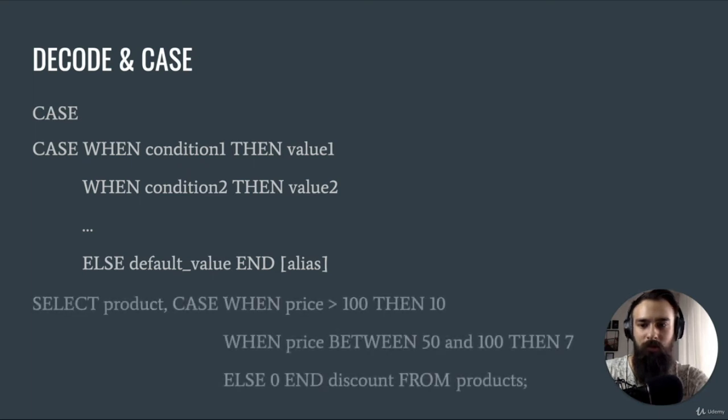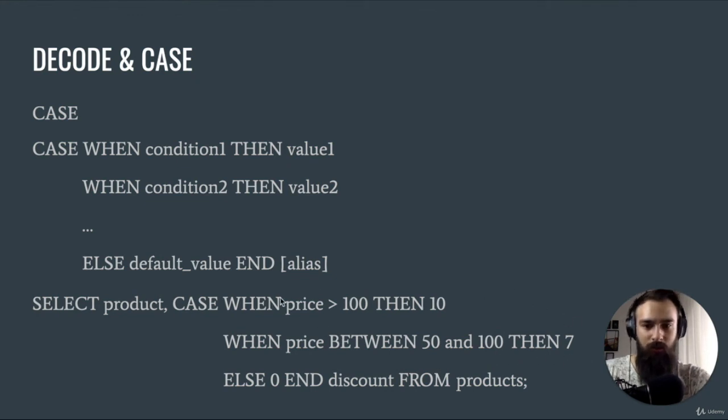As an example, I selected the product from table products and a case that returns the discount. If the price of the product is greater than 100, then we will have a 10% discount. When the price is between 50 and 100, then we'll have a discount of 7%.